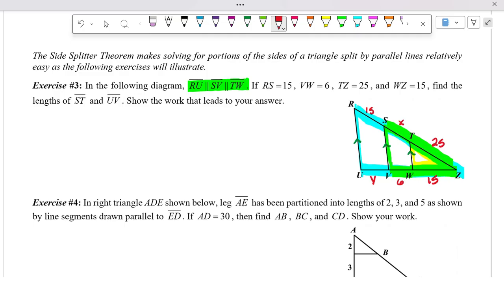Now, let's solve for X first. All right. So if I'm solving for X, which two triangles am I exclusively working with? So am I working with the blue and the green, or the yellow and the blue? What do you think?